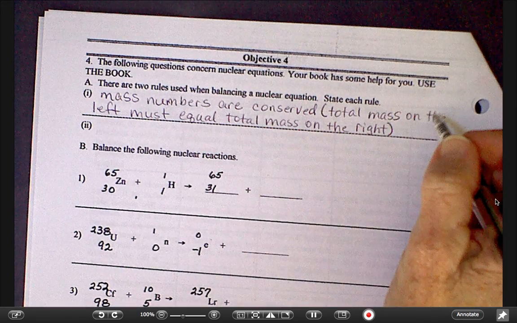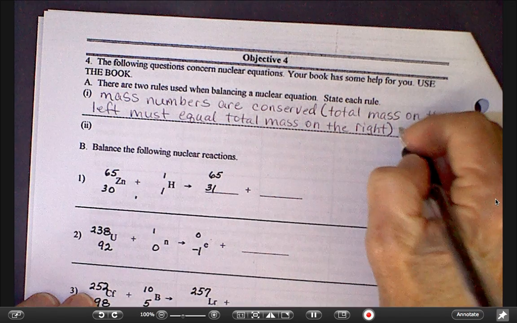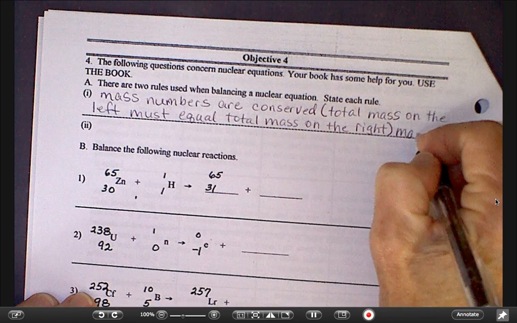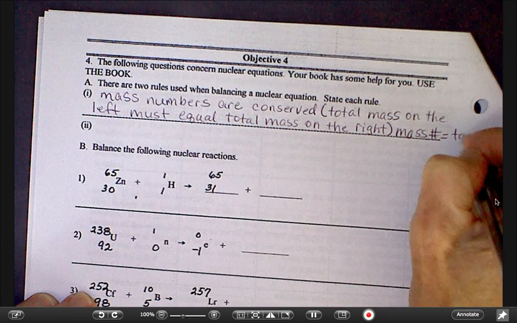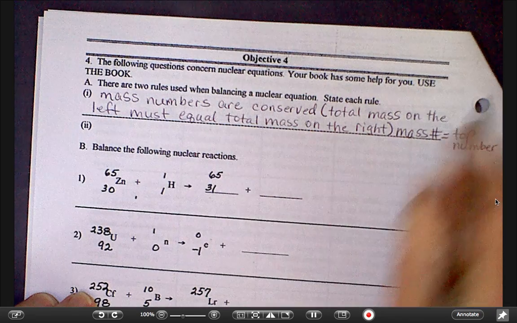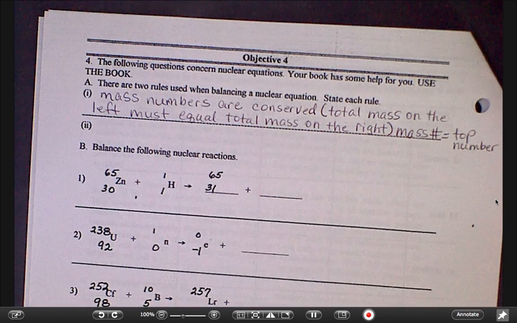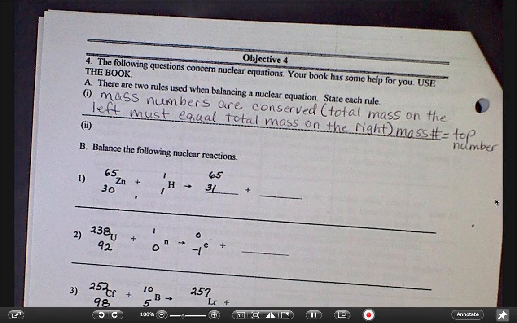Okay? The mass number equals the top number.